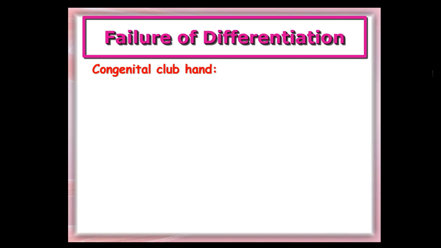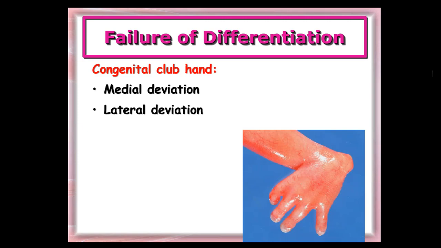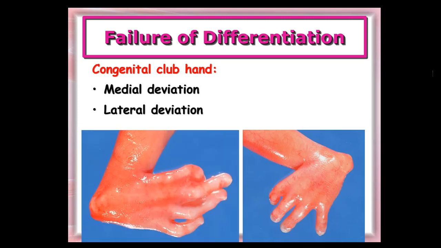Also, in failure of differentiation of certain parts of the limbs, we could have something called congenital club hand. There is medial deviation or lateral deviation of the hands, like this. And we can call it ulnar deviation or radial deviation of the hands. So the hand or the foot at the end looks like a club.